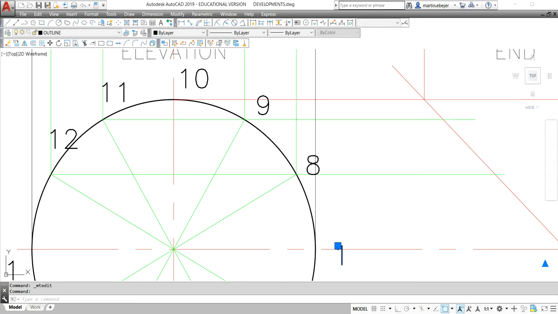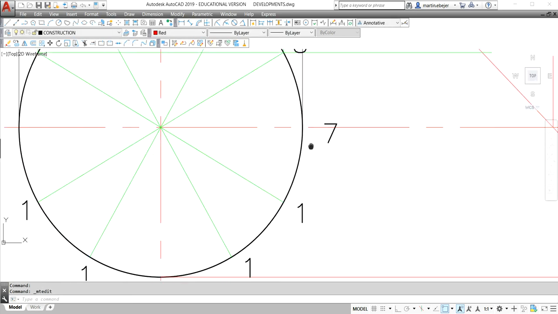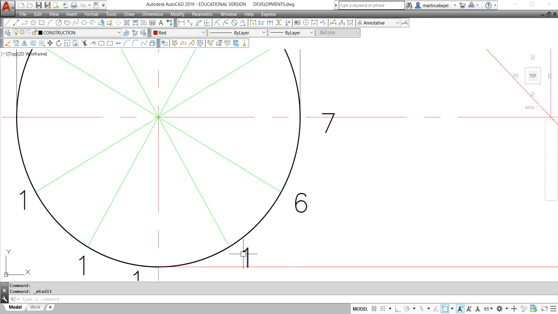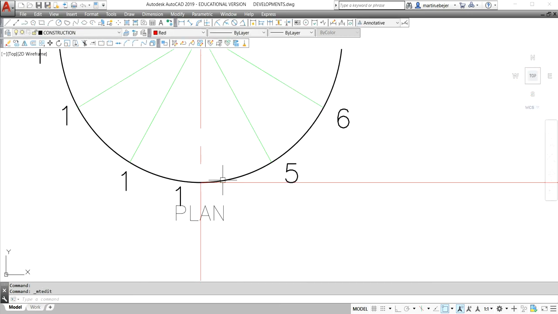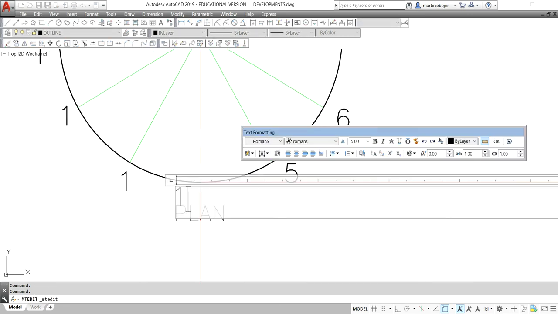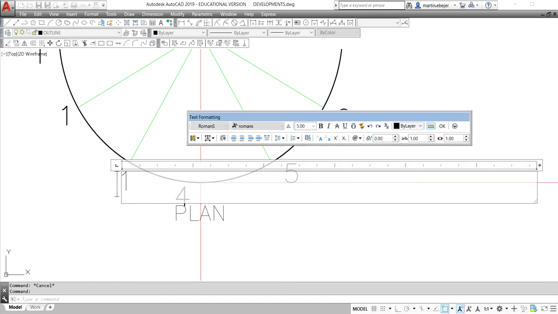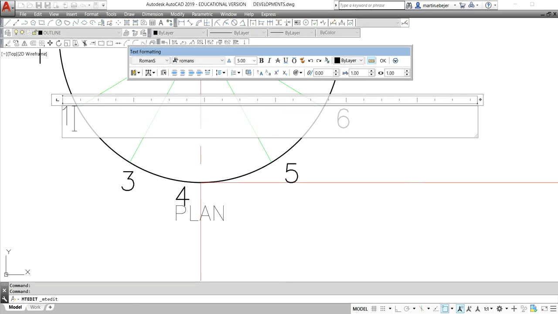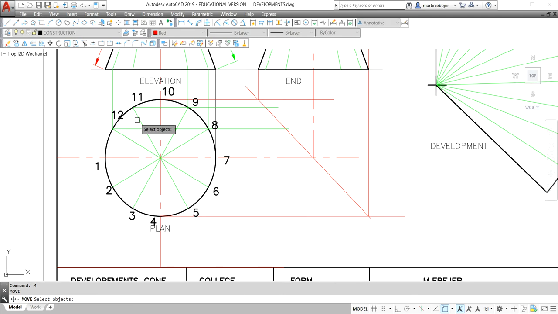As I said previously, when we're dealing with solid geometry, using numbers, it is always helpful. 6, 5, 4, 3, and 2. Okay, so we labeled the circumference accordingly.